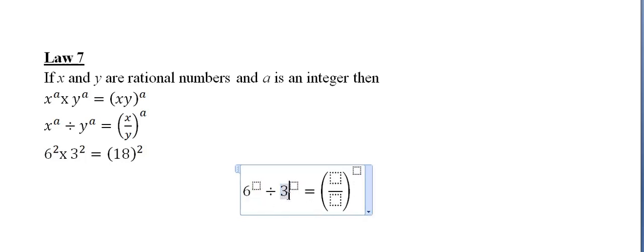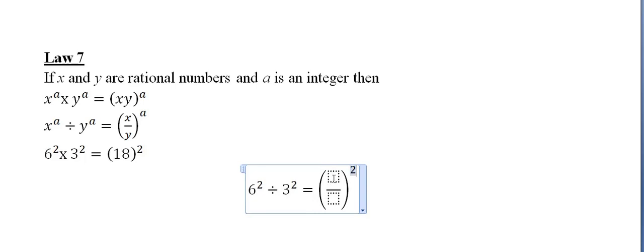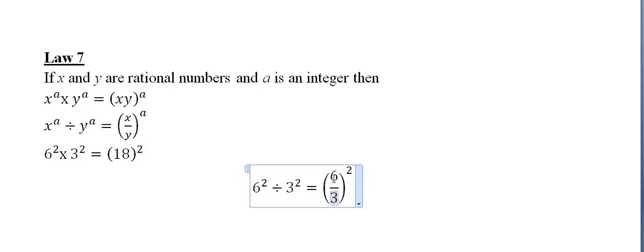The base numbers will be different, but the power is the same. So in this case this 2 will apply to both, because this power 2 is common in both these numbers. So it will be 6 divided by 3, all to the power 2, and finally we can simplify it. So this is your law number 7.